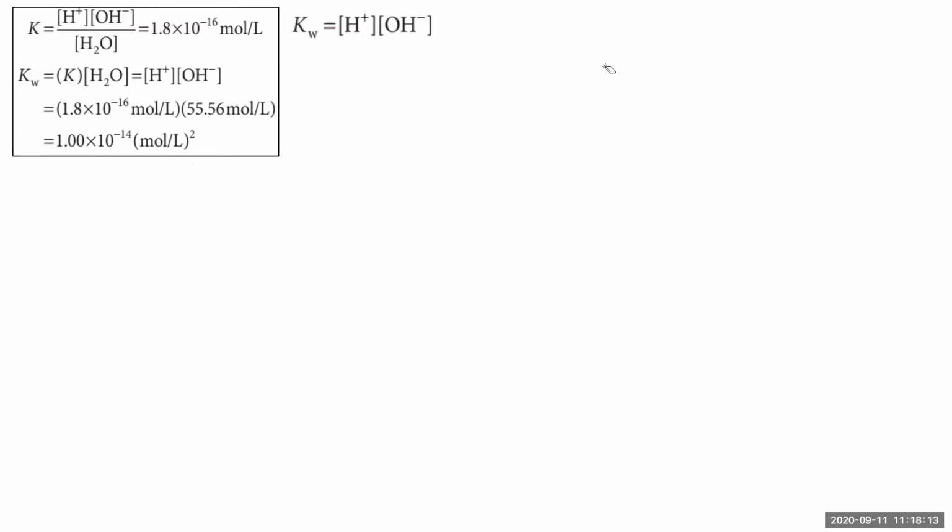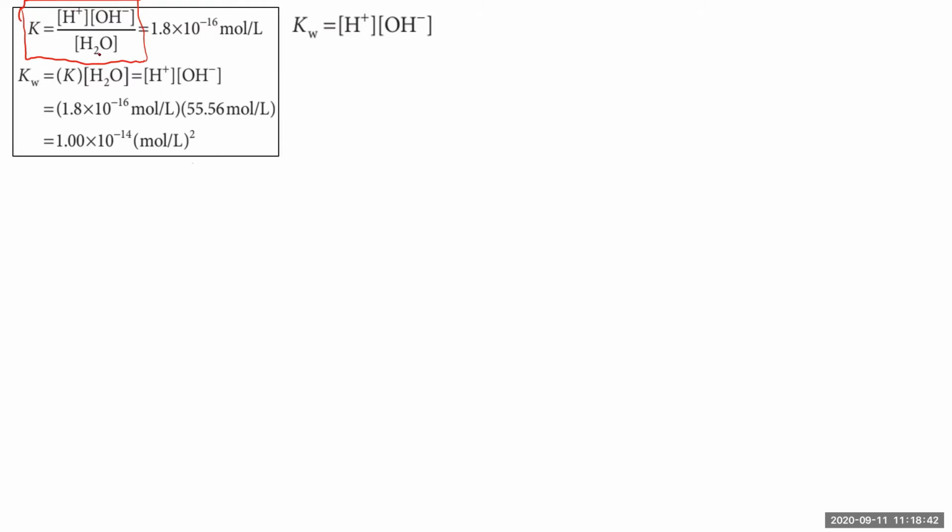So, the equilibrium of the reaction of the self-ionization of water is described in the formula here. K is equal to the concentration of hydrogen ions multiplied by the concentration of hydroxide ions over the concentration of water.